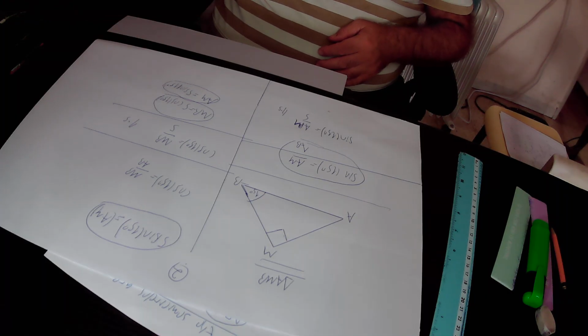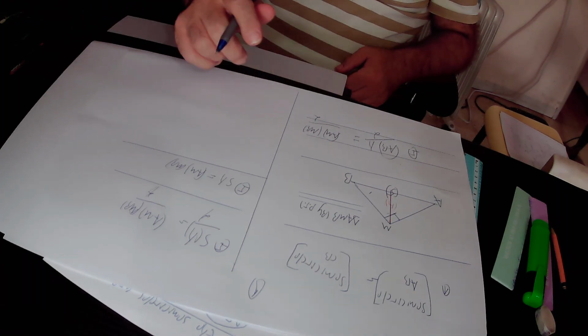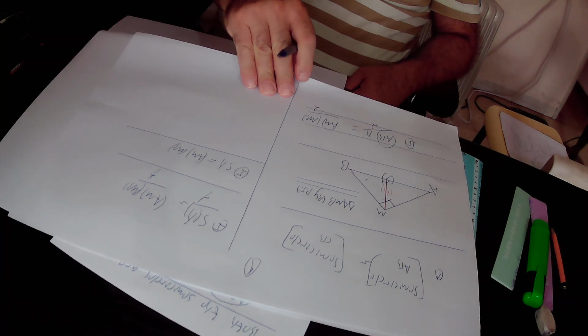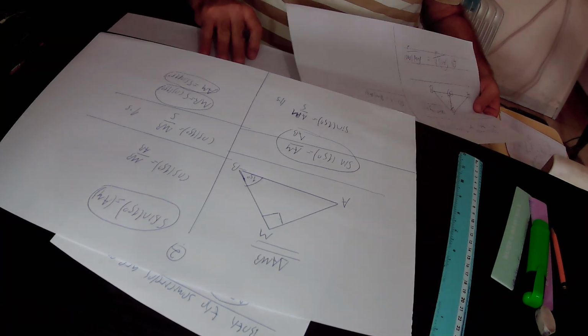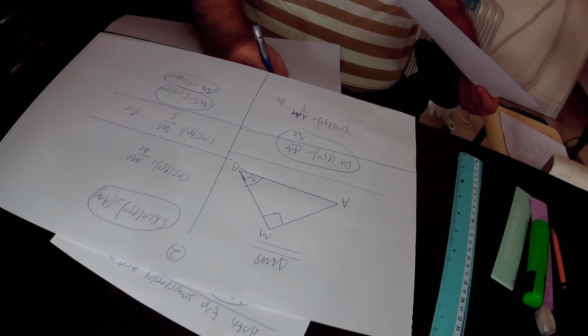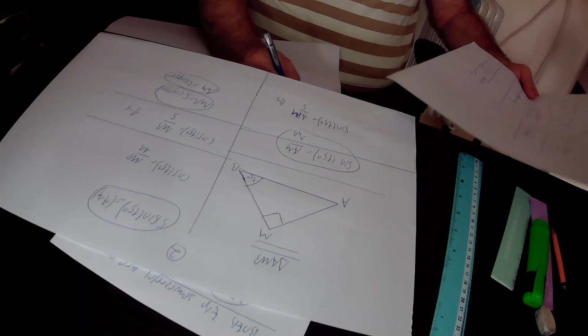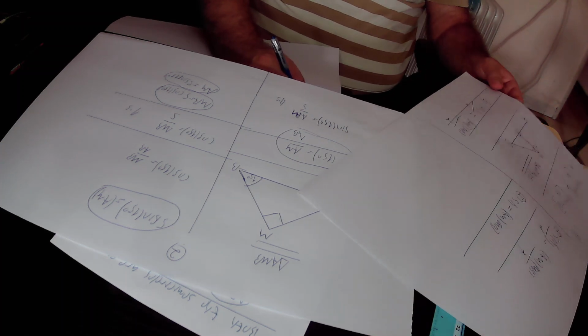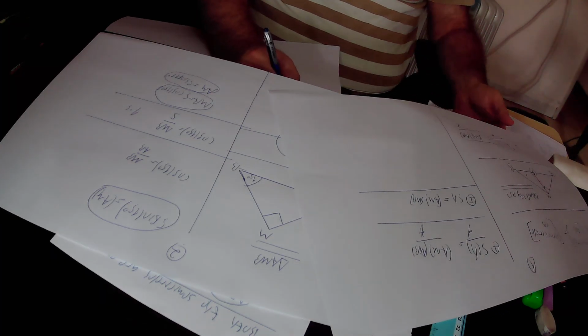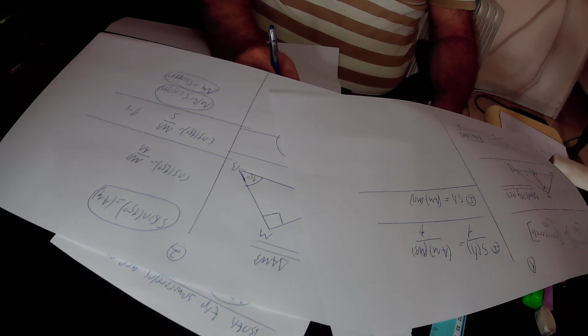According to equation 1, we already found out that 5H equals AM times MB.